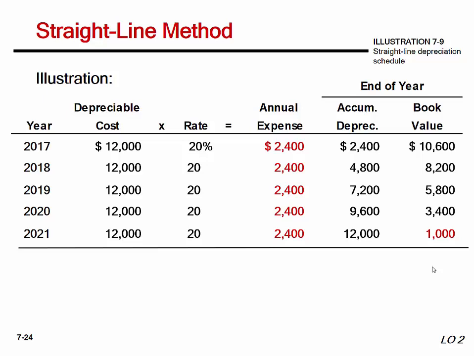We are in no way, shape, or form trying to say that at the end of year 1, if we were to take this truck and try to trade it in, that we would get $10,600 for it at trade-in. At the end of year 2, $8,200. That is not what we're doing here. We are not trying to match some NADA Blue Book or NADA Black Book value for trade-in used at some dealership somewhere.